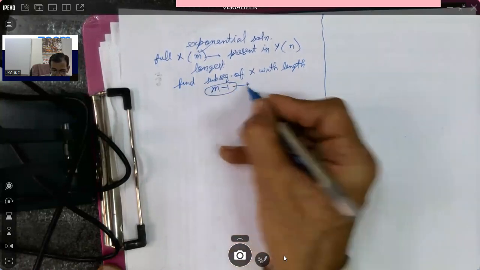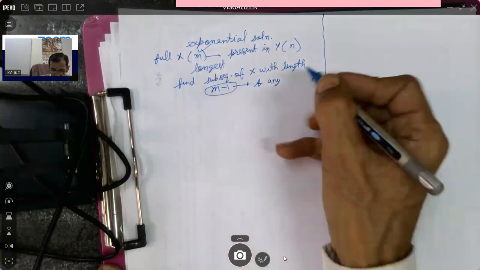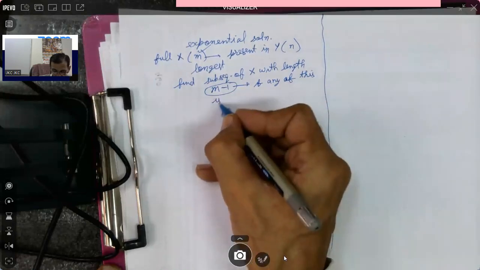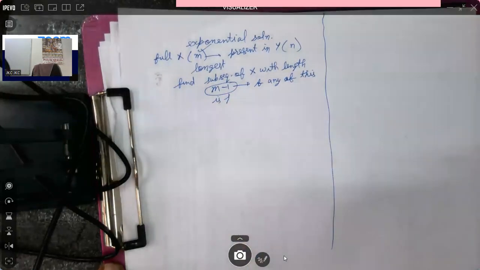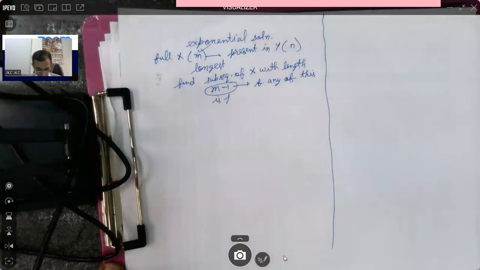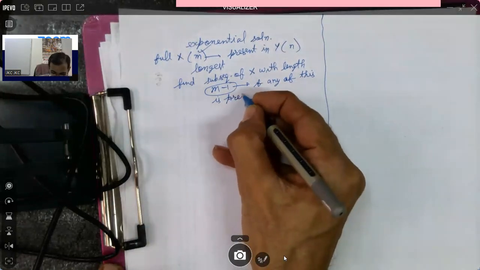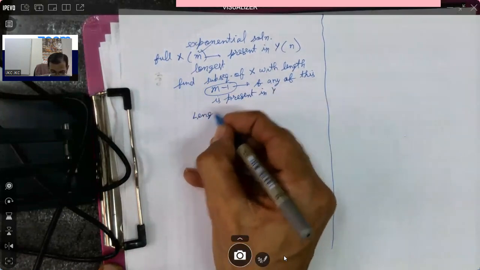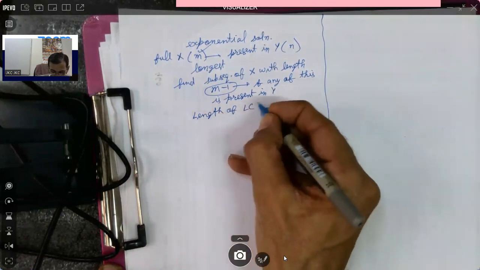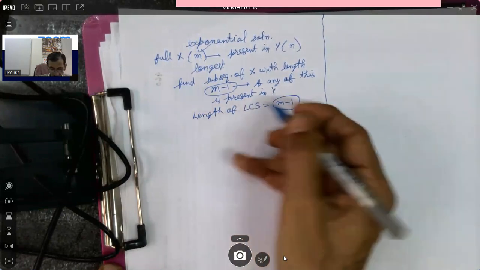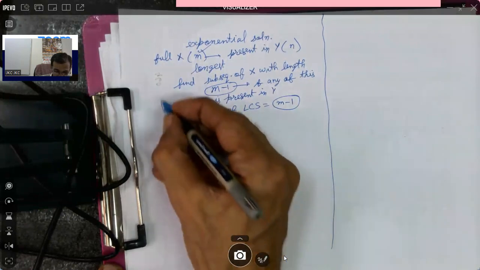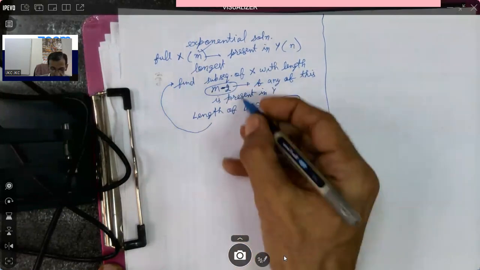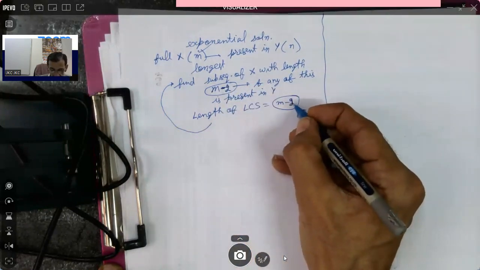And if any of these exists in the same order, if any of these is present in Y, then I can definitely say the length of LCS will be M minus 1. If not, then I will say find X with length M minus 2 and again do that. In that case, the answer will be M minus 2.